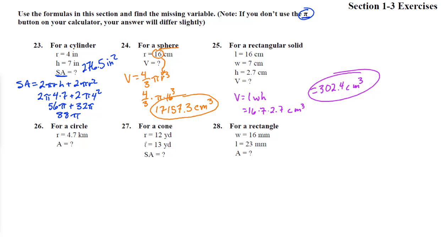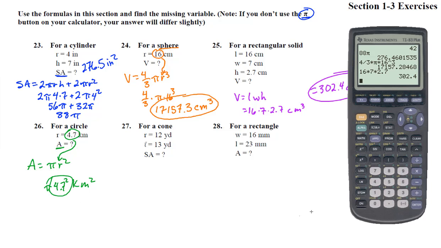Number 26, for a circle. Now, what is the formula for the area of a circle? Area equals pi r squared. So we're going to take this 4.7, stick it right in here. And notice 4.7 kilometers squared will give us an answer in squared units, and it should match the area. Yes, two-dimensional. So we get pi times 4.7 squared. Punch that in the calculator.